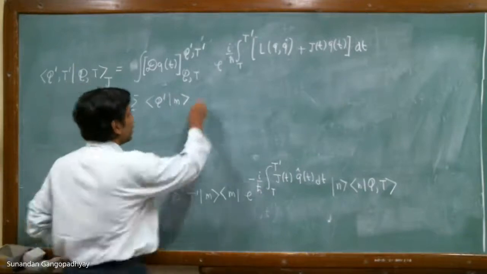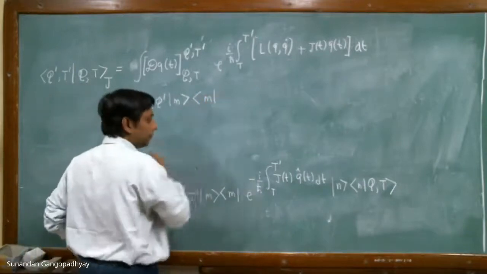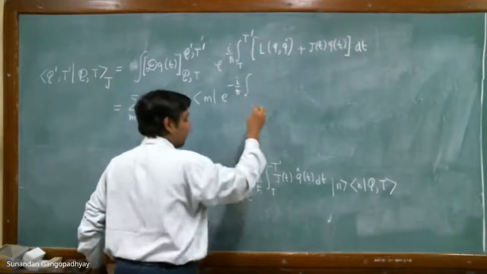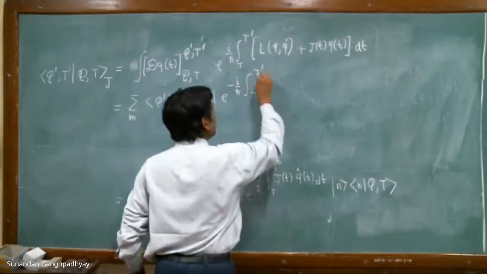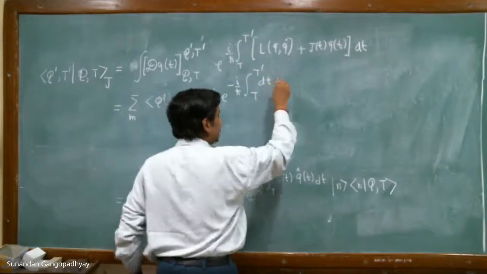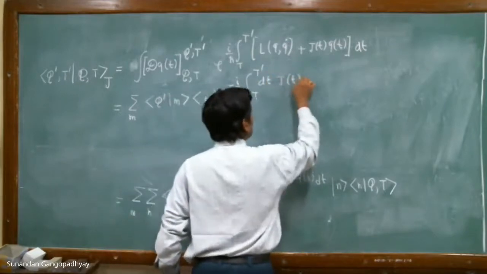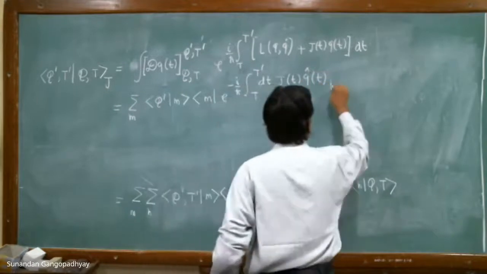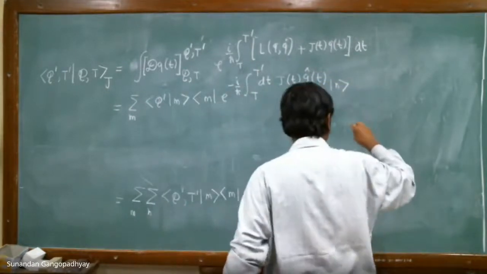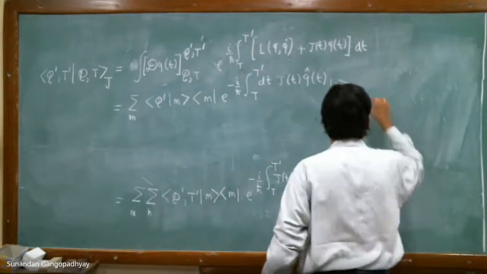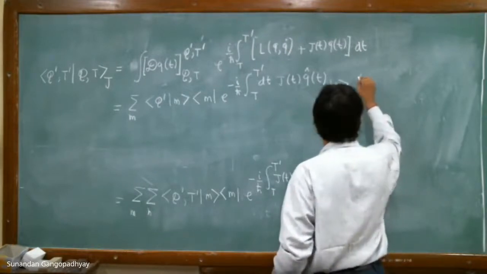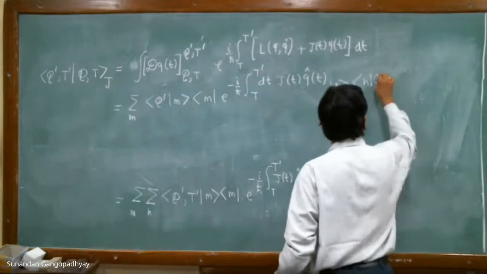So you have this, then you have n e to the power of minus i by h bar H hat t prime, dt, J(t) Q hat. Then we have n, and then we have, so this will give us n to the q.